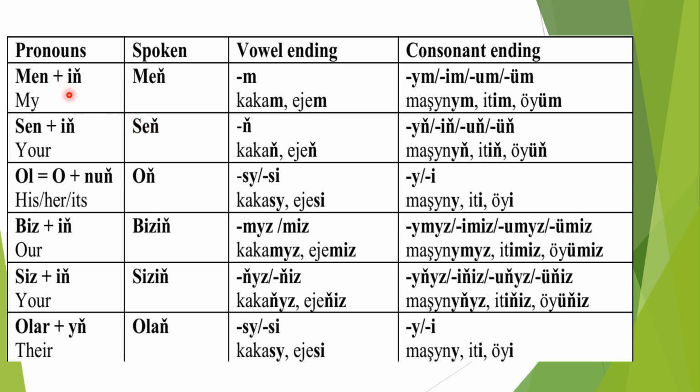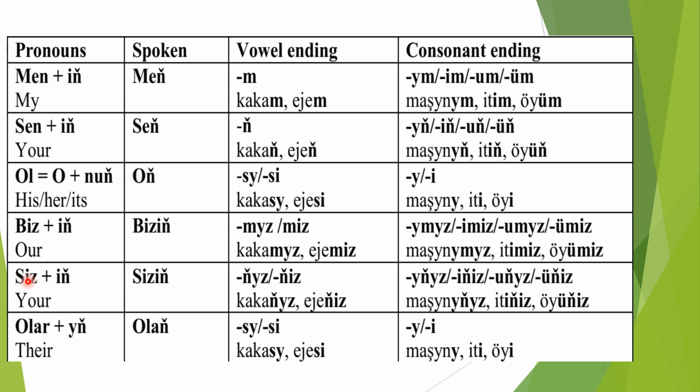For possessive pronouns, we add the suffix ň, so it would be meniň. Sen, seniň. We added the suffixes: men, meniň; sen, then we added iň, seniň. Ol, but with ol we change l to n. Onuň means his, her, or its. Biz, biziň.